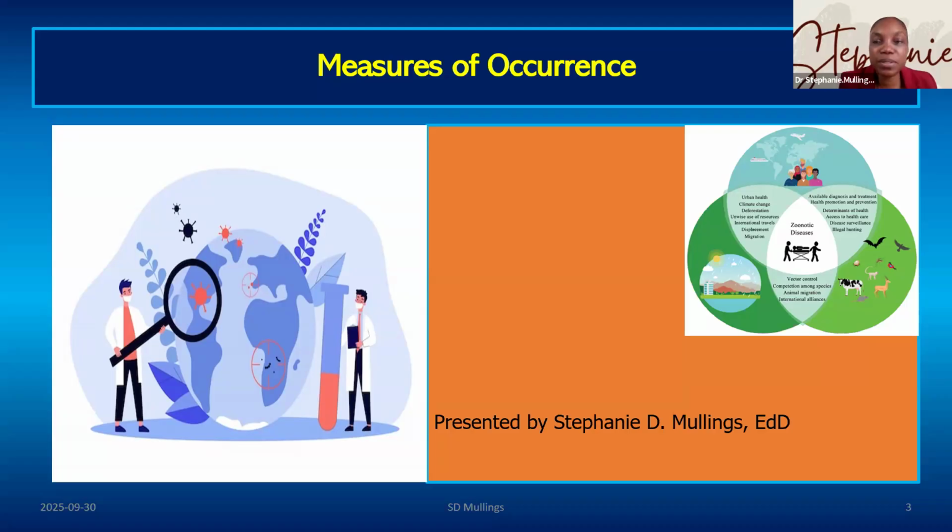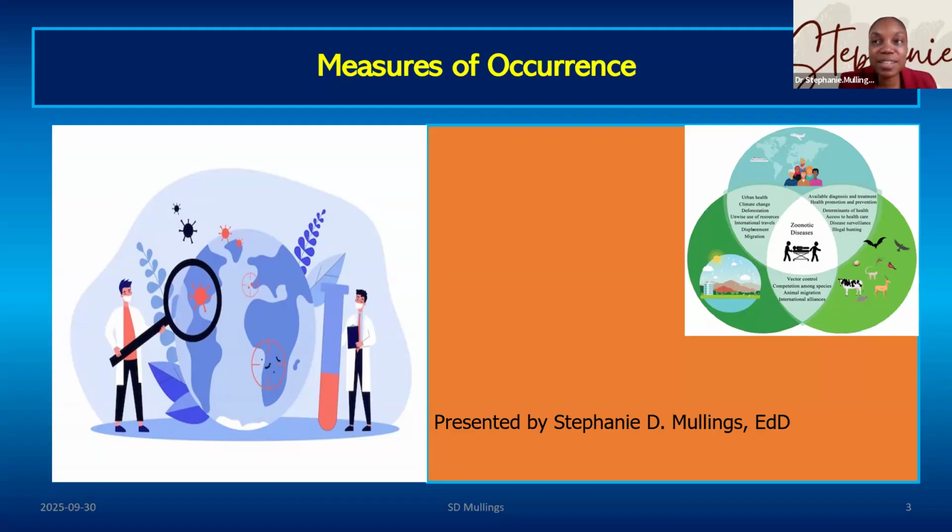Today we'll be talking about measures of occurrence, and this is another session in epidemiology, EPI 4002. Measures of occurrence. What do we think about? What comes to mind when we think about measures of occurrence? We're really talking about the diseases that we experience and the deaths that we may experience and how we measure that.